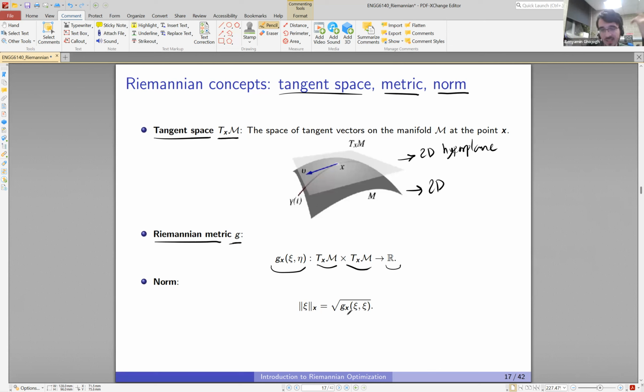And of course, as in Euclidean space, we can define the norm using the inner product, or here using the metric. The square root of the metric of a vector with itself is the norm of zeta at point x. Why? Because you can see the norm as the square root of the inner product of the vector with itself, right?